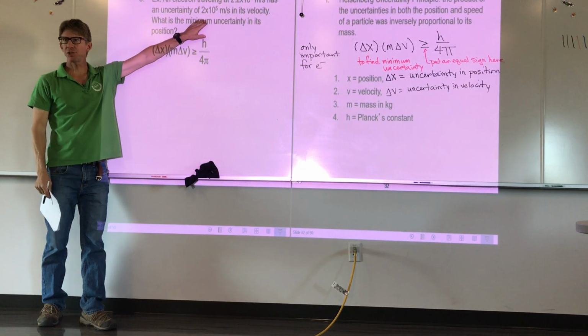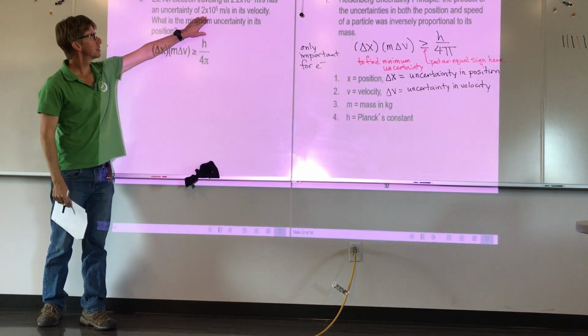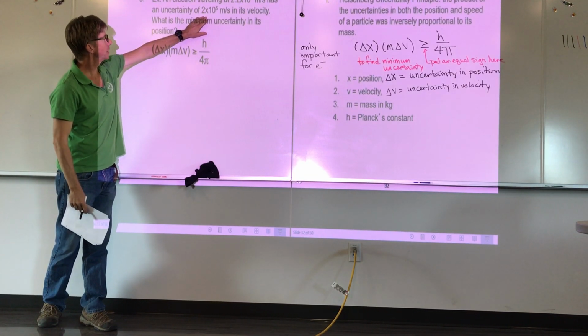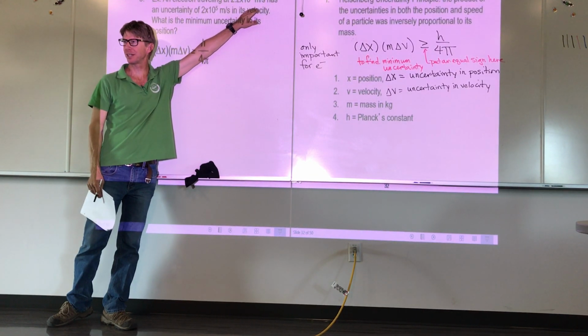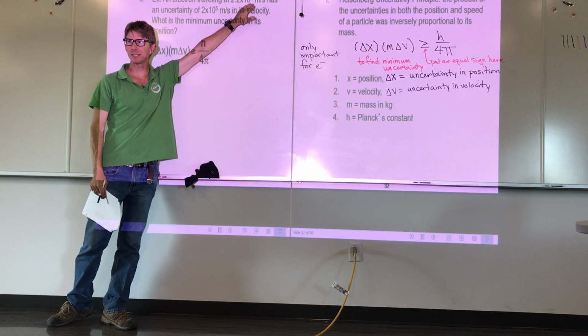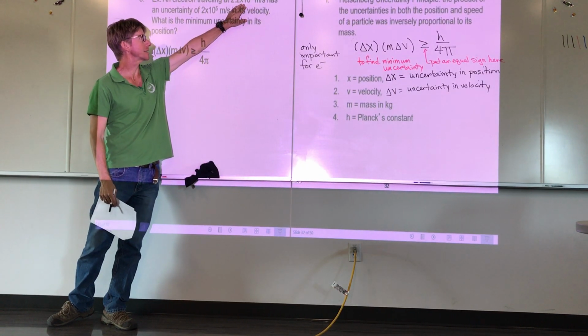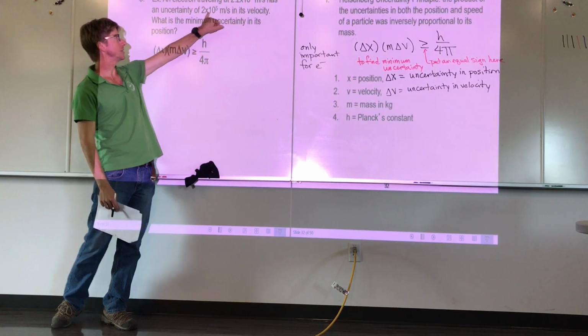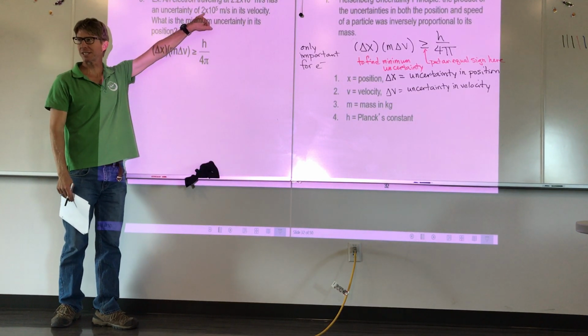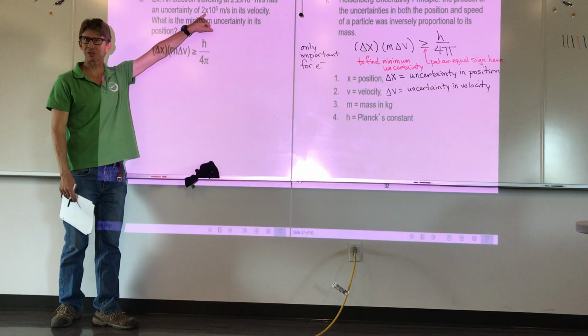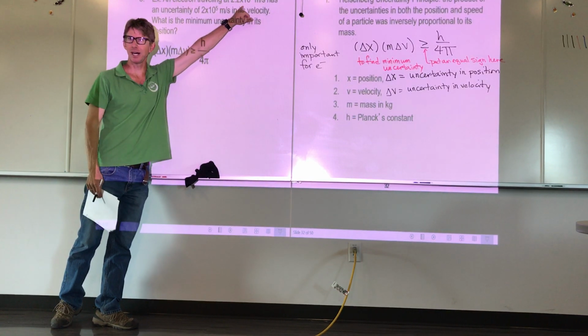Which is a little less than 10% of this number, so it's about 10%. And if you wanted to find exactly 10%, you take this times 0.1, it'd be 2.2 times 10 to the 5th. I think one of the homework questions says, assume the uncertainty is 10% of the velocity.